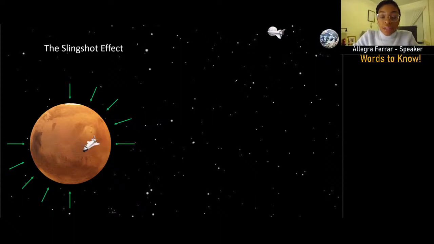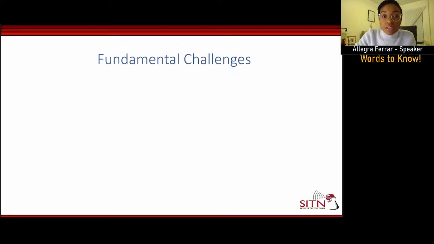And we're talking about doing this with people on board. So this is no small feat. This is something that we've never done before. And this is unlike what we did with the Apollo missions, where we had all these resources and technologies to deal with. We're going to have to develop even more stuff to solve this problem.